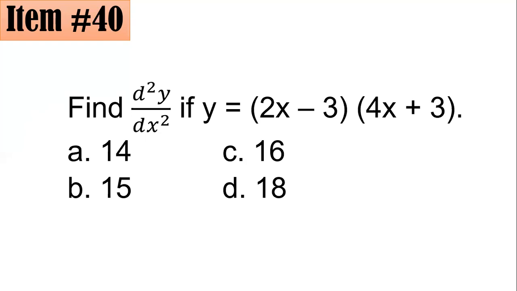There are many ways of doing this. What others do is multiply the two binomials first to come up with a trinomial, then get the first derivative, then the second derivative. No problem with that. But in my case, for now, I will be utilizing the product rule.